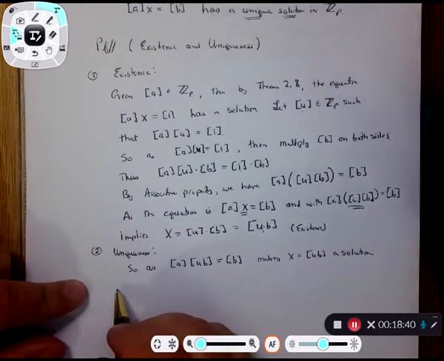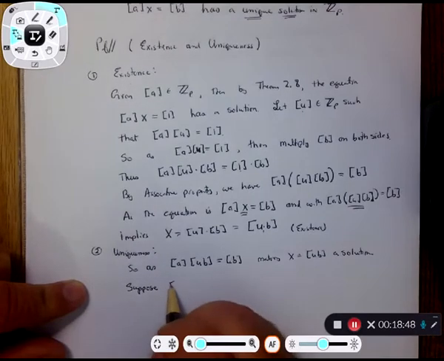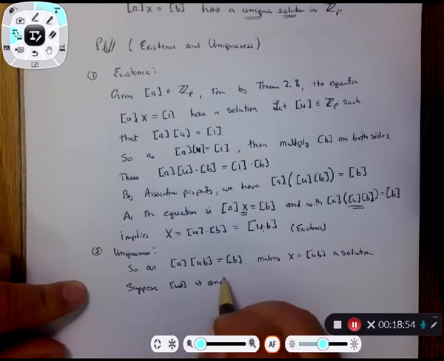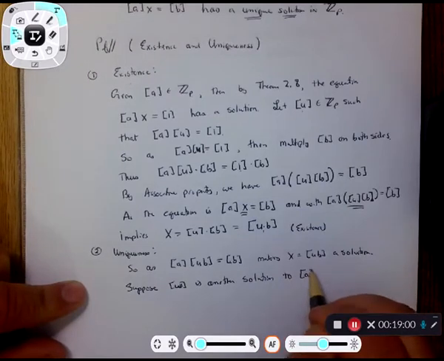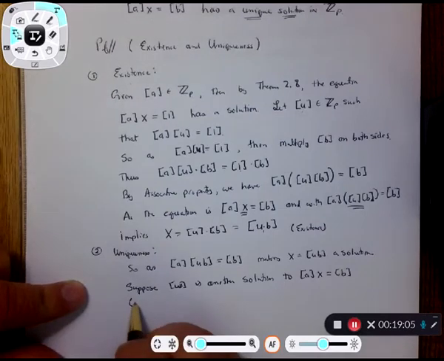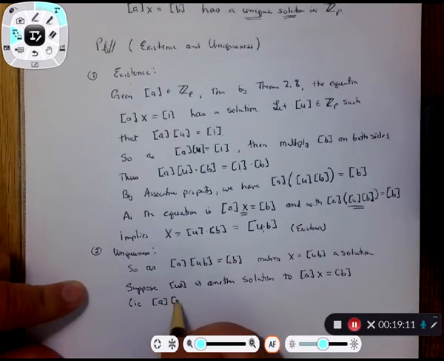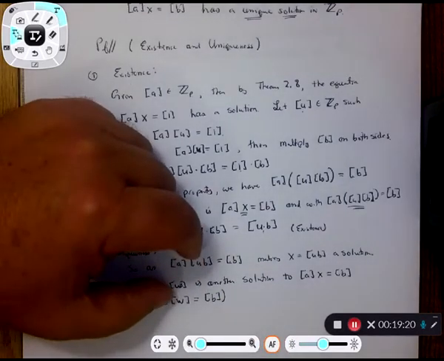And now let's suppose that equivalence class W is another solution to equivalence class A times x equals equivalence class B, i.e., equivalence class A times W is also equal to equivalence class B. What I want to show is W is equal to UB.